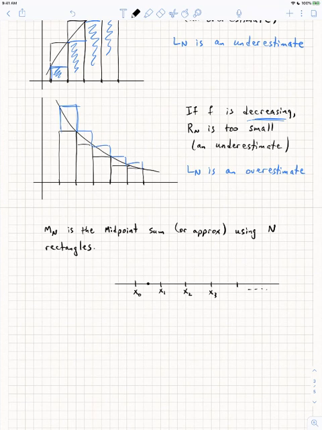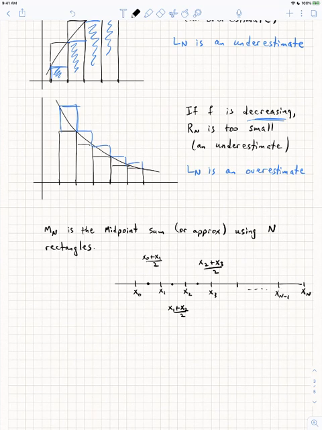The midpoint between x0 and x1 is x0 plus x1 over 2. It's the average. Similarly, between x1 and x2, it's x1 plus x2 over 2, and so on. Between x2 and x3, it's x2 plus x3 over 2. And at the end here, we have x sub n and x sub n minus 1.